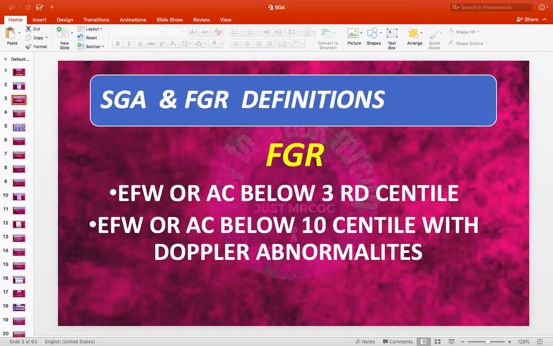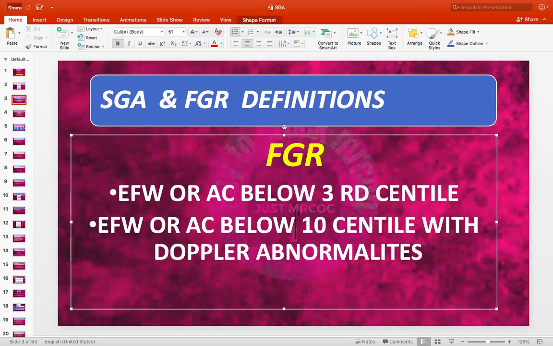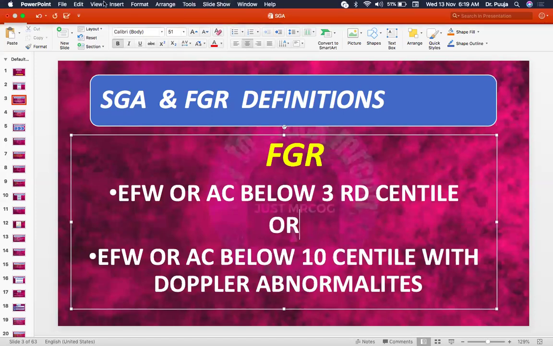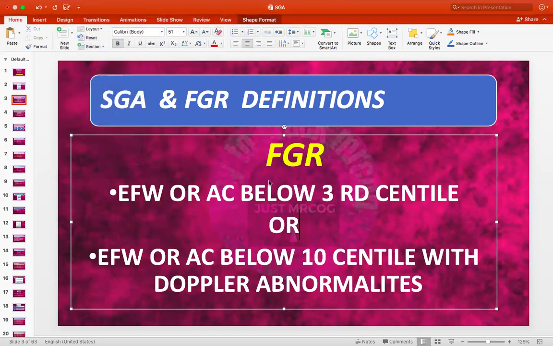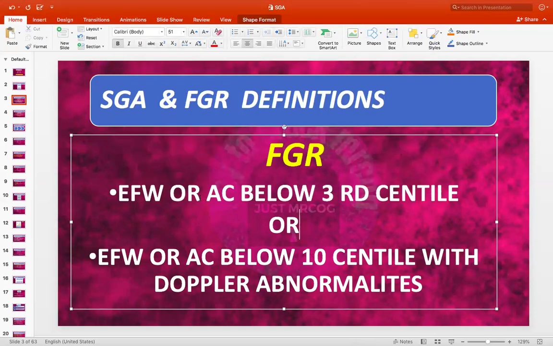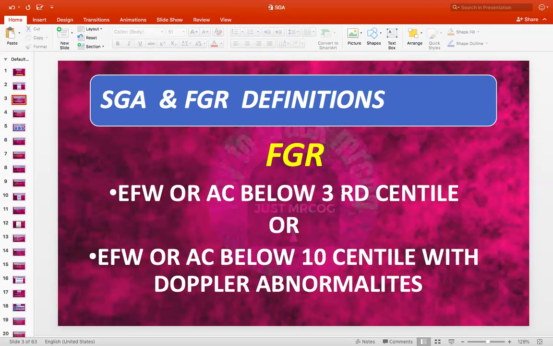That is fetal growth restriction: when estimated fetal weight or abdominal circumference is below third centile, or estimated fetal weight or AC below 10th centile with Doppler abnormalities.